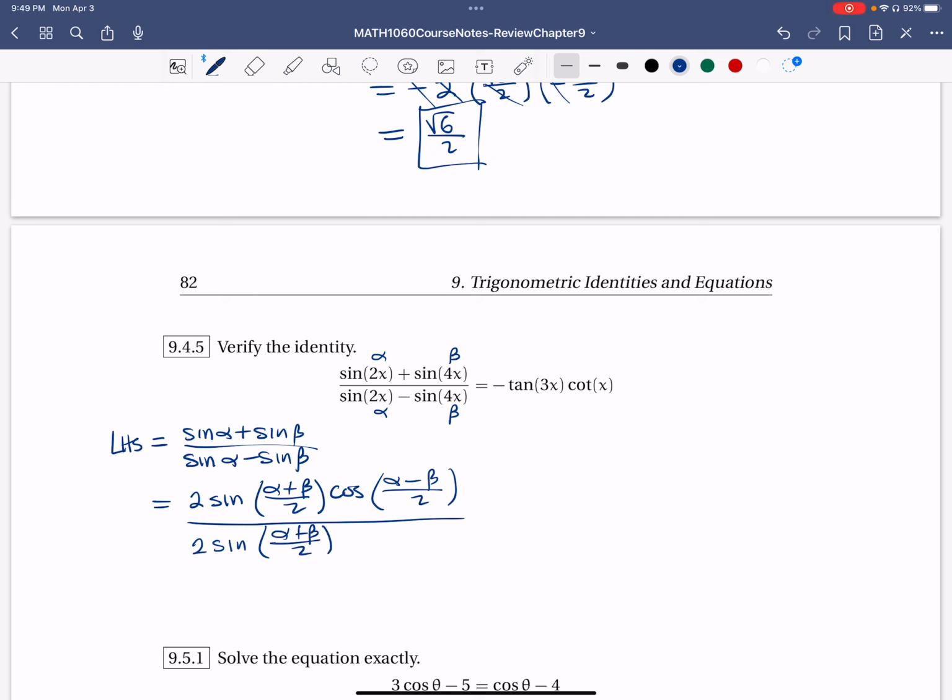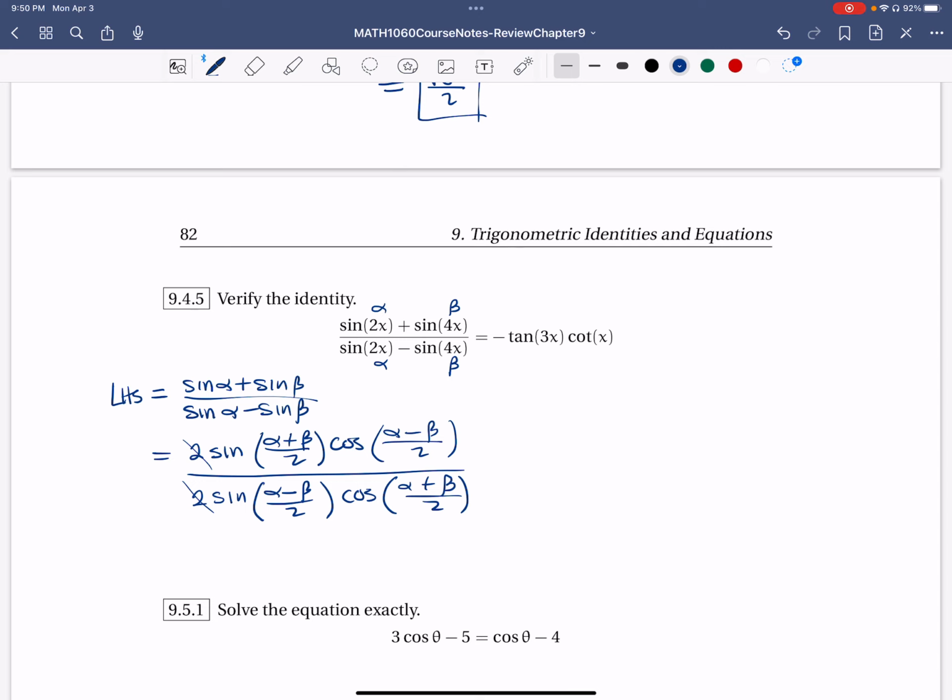Got to make sure to write that carefully and correctly. Okay, so some stuff cancels here. You have 2, 2.